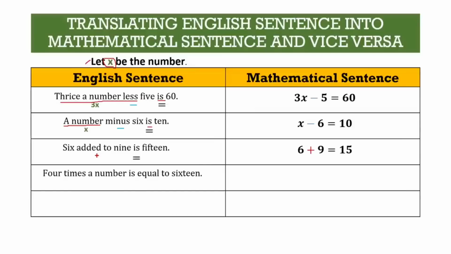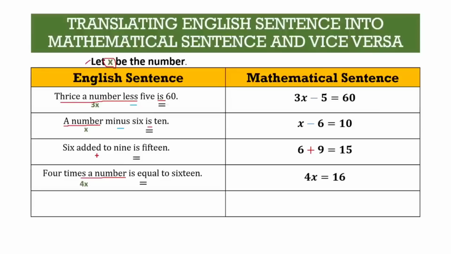Next, 4 times a number is equal to 16. Again, we don't know what the number is, so we represent that as x, but we have to multiply it by 4. So we write that as 4x, and then is means equal to 16. So 4x is equal to 16.